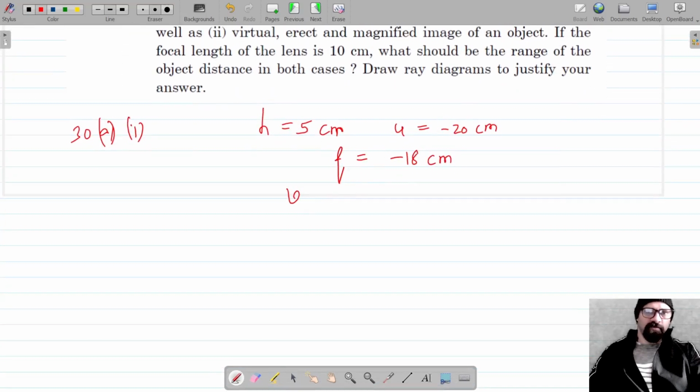Now the image distance is v, and the magnification is m.